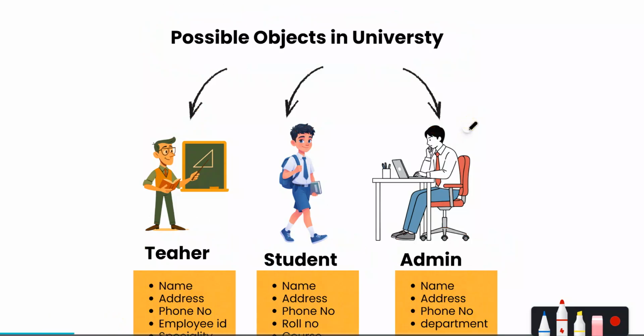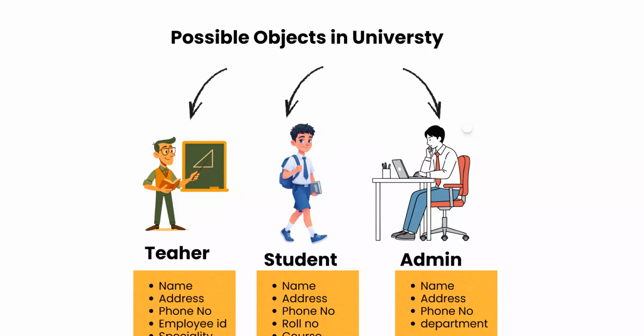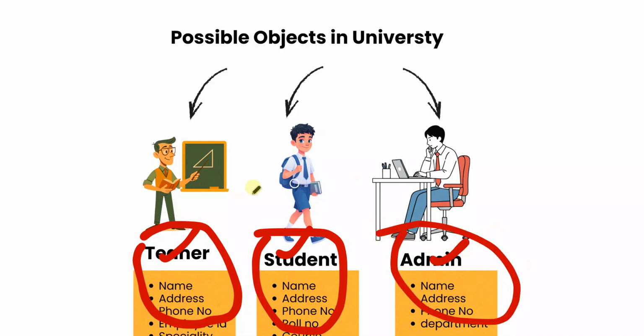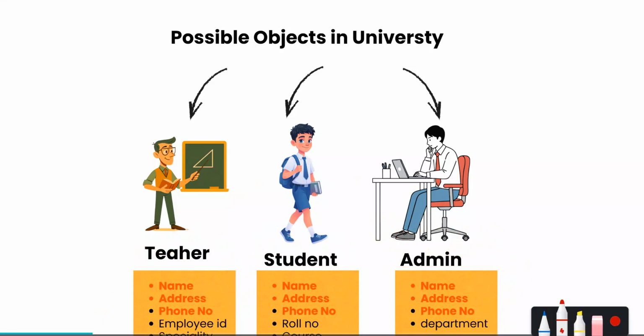When we go for designing these classes, we need data members, as you can see over here. For the teacher we need some data members, for the student, and similarly for the admin too.